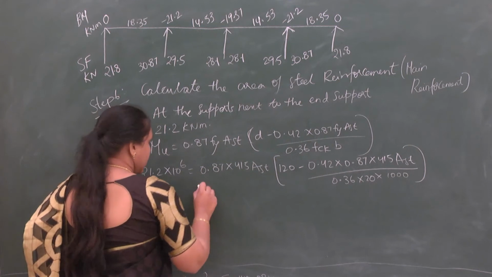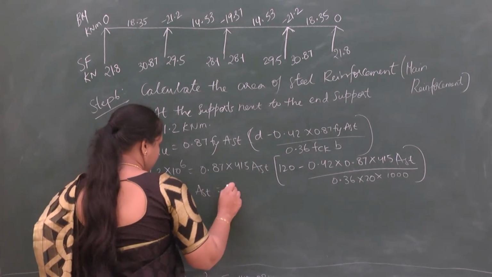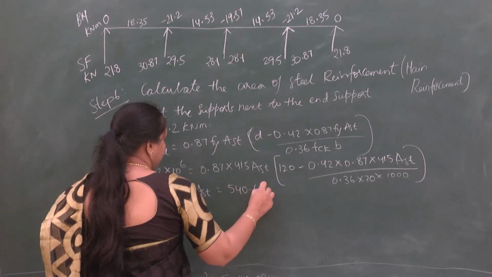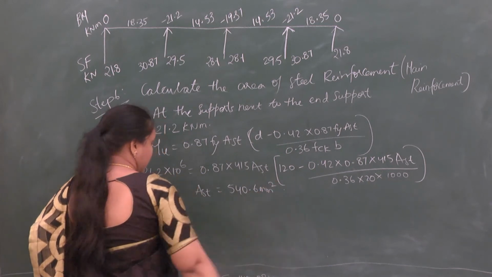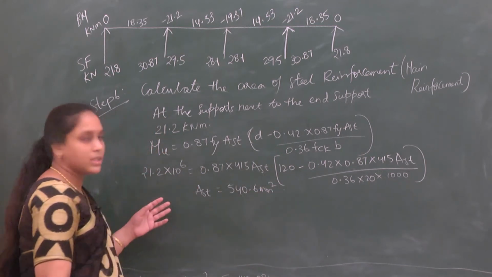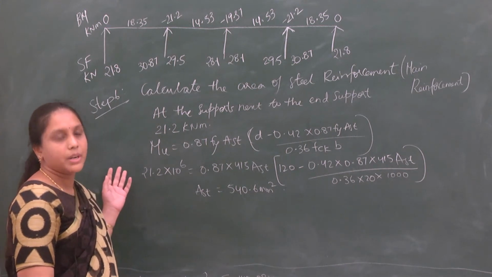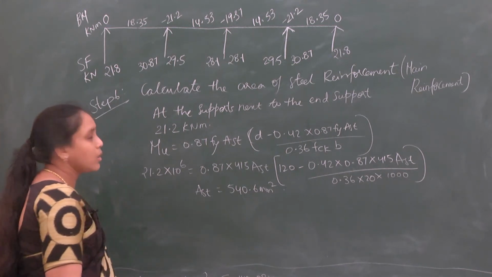If you solve this, you will get a value of AST as 540.6 mm square. So this is the required area of steel for carrying that particular bending moment of 21.2 kilonewton meter.